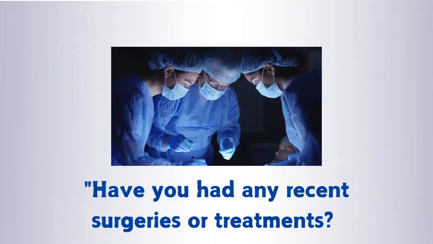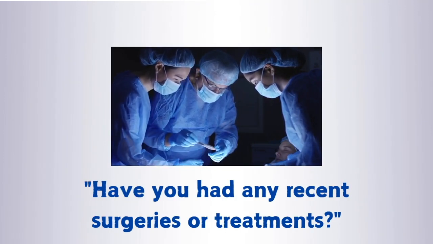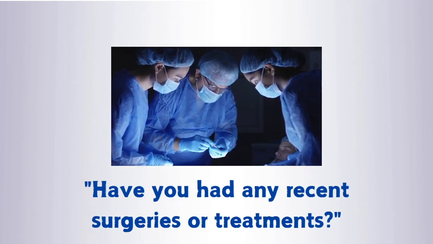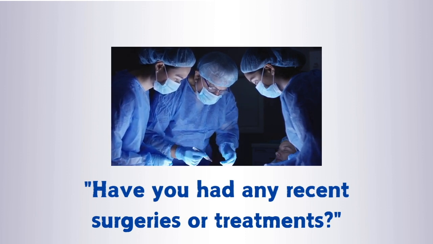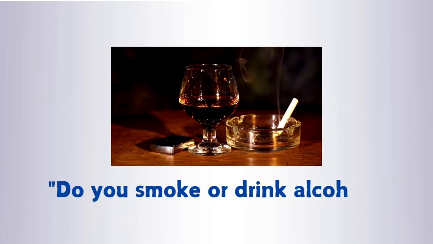Have you had any recent surgeries or treatments? Past procedures can provide clues to the current issue. Do you smoke or drink alcohol? Lifestyle factors can impact health significantly, and this question helps identify potential risk factors.